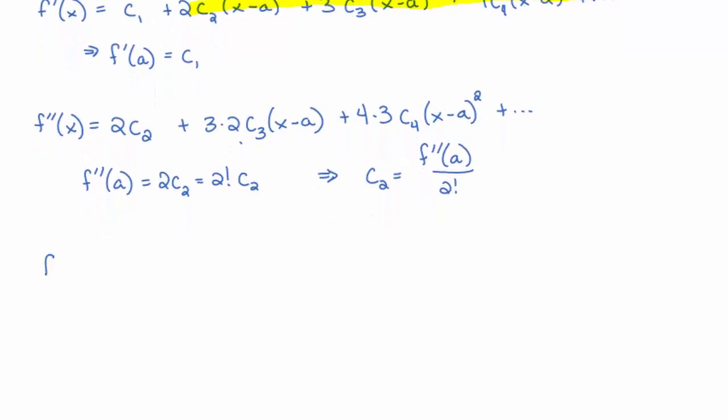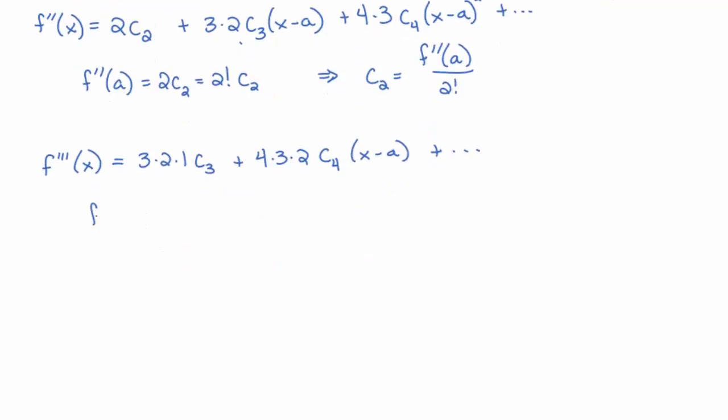So f triple prime, again, we want to evaluate this at a, but I'm going to take its derivative first. So the derivative of f double prime is going to be, well, derivative of 2c2 is gone. The derivative of the next one is going to be 3 times 2 times 1 c3 plus 4 times 3 times 2 c4 times (x minus a) to the first, plus and so on and so forth down the line.